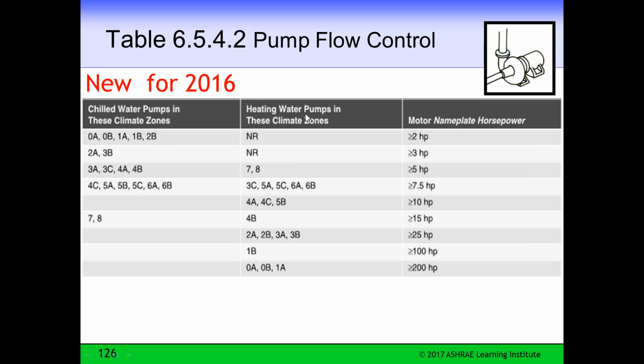If you've got a heating water pump in 7 or 8A that's greater than 5 horsepower, you're going to use it. So 5 horsepower is the break for this middle part, and then you can see it's 7.5 when you get to a little bit colder zones. You can see how it works. So as you can see, it's based on what we think the number of hours it would run.